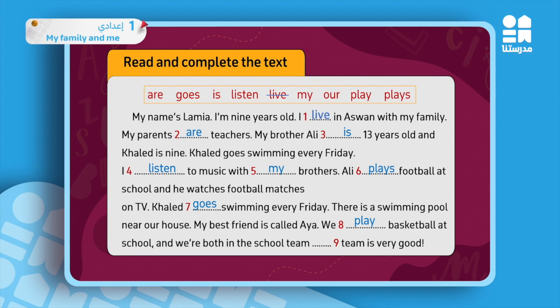And we are both in the school team. Space team is very good. What am I saying here? Our team. So I'm going to use the possessive adjective from the pronoun we, which will be our team. Exactly. Our team.